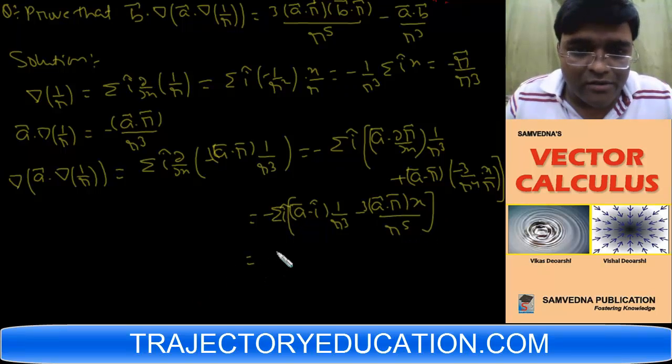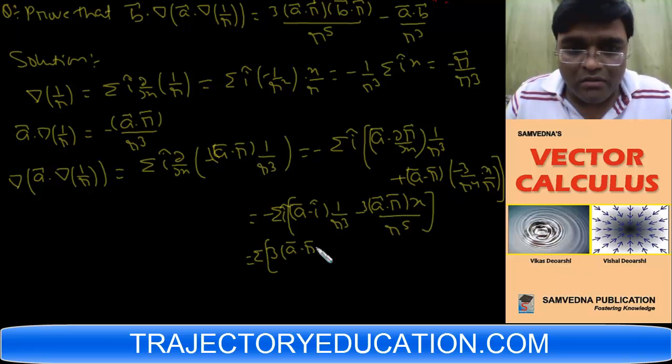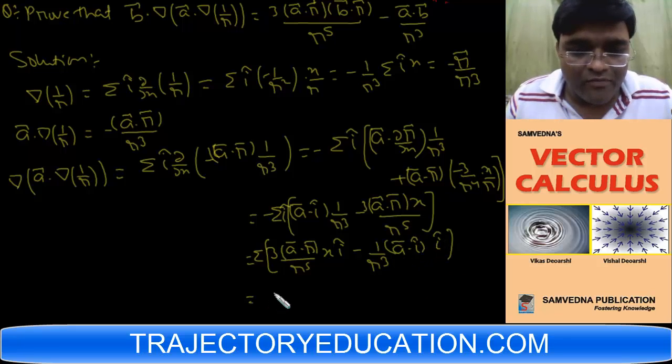So finally what you get is Σ [3(A·R)/R⁵ x_i minus (1/R³)(A·i)].